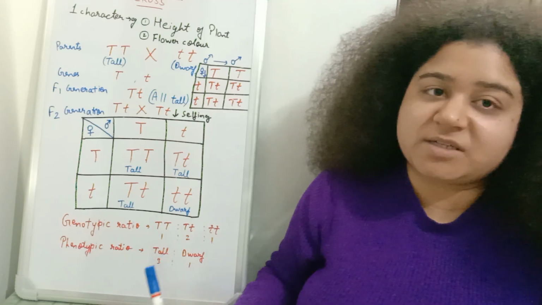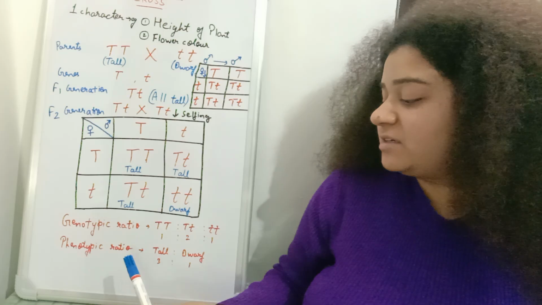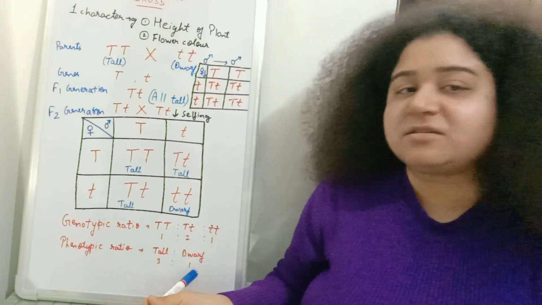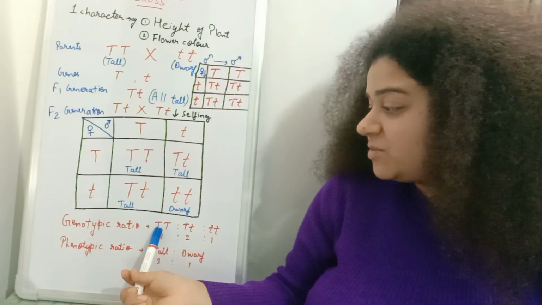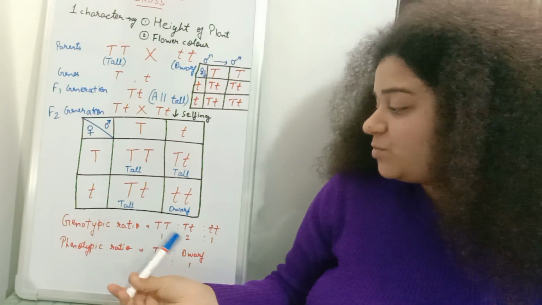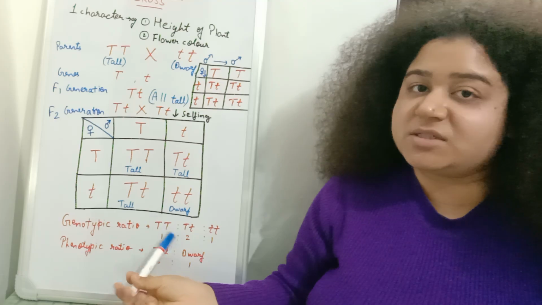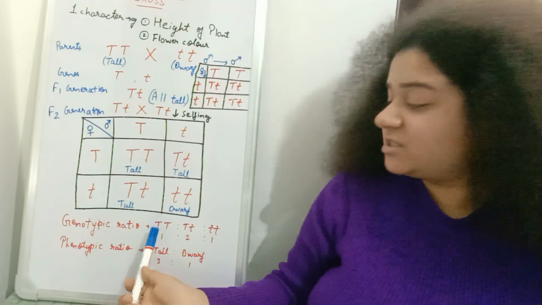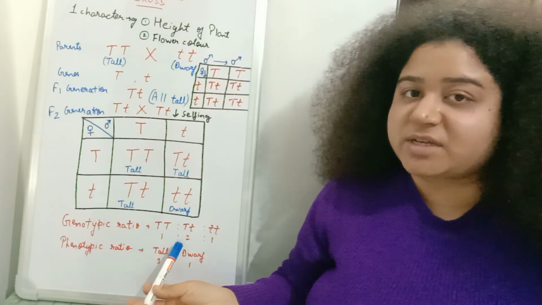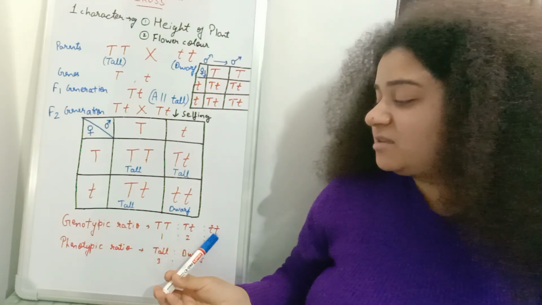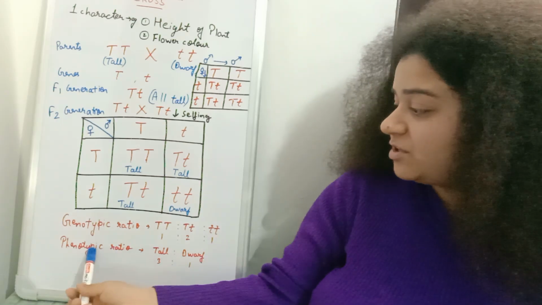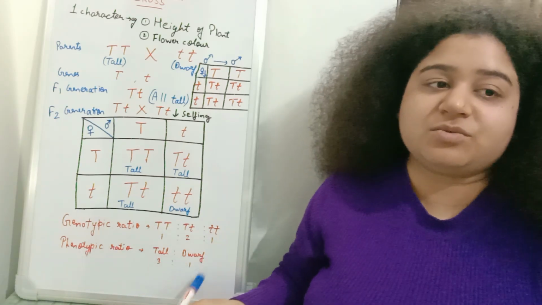Because the dominant character is always considered first, then the recessive character. In the genotypic case, homozygous dominant is given priority, then heterozygous dominant, and lastly homozygous recessive. So the phenotypic ratio came out to be 3 is to 1.